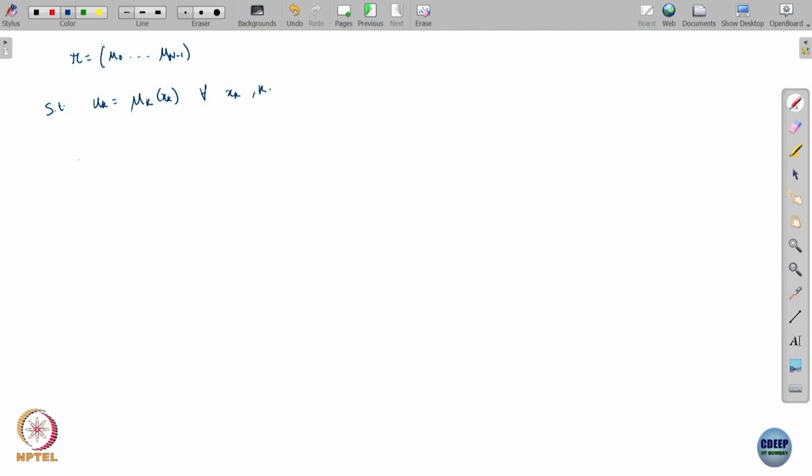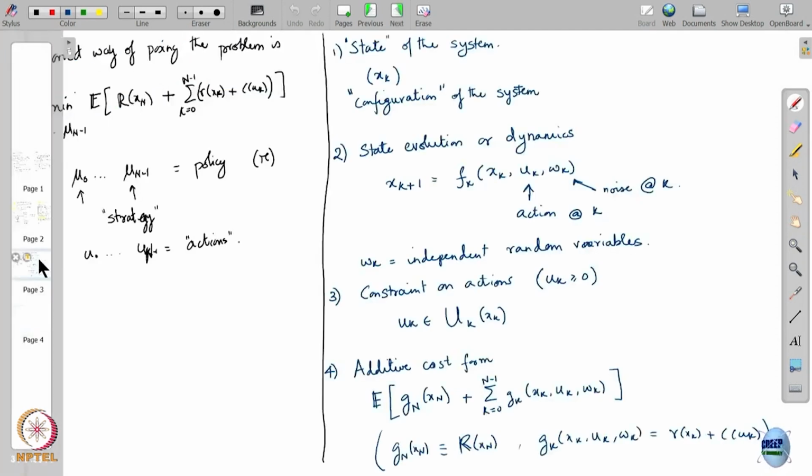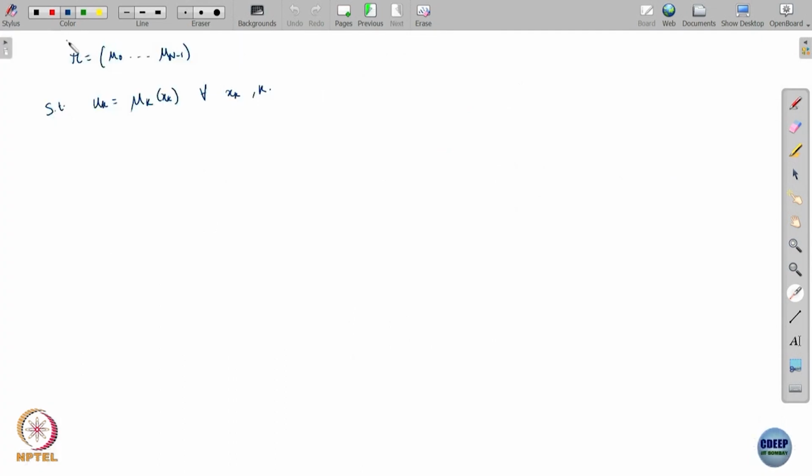And now, what kind of policies are admissible? Now, remember, since we mentioned we have constraints here on control actions, that control actions have to satisfy this particular constraint.